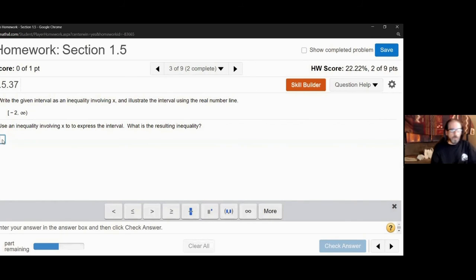So I could either say -2 is less than or equal to, because of the square bracket, x, or on the other hand, x is greater than or equal to -2. Sorry, -2. So -2 less than or equal to x is the same thing as x greater than or equal to -2.